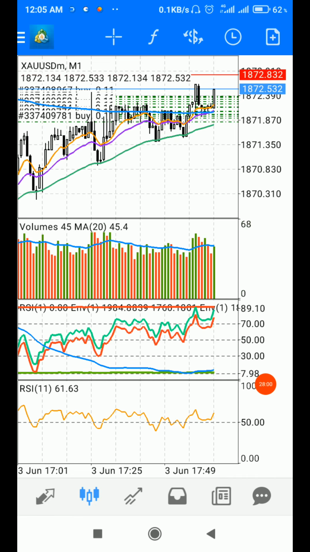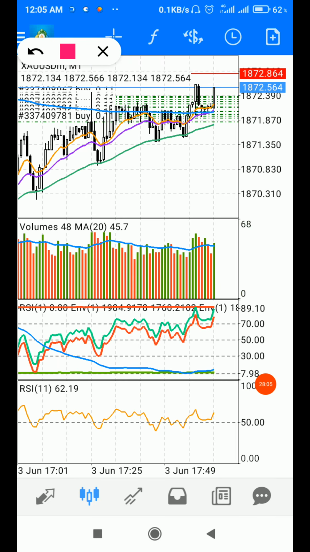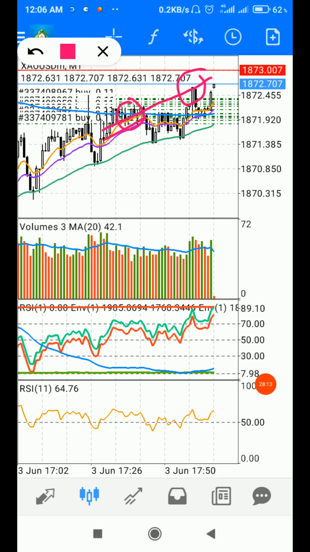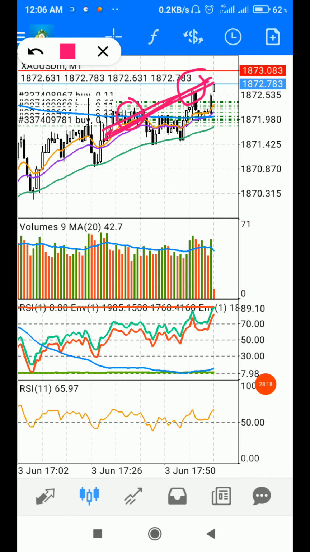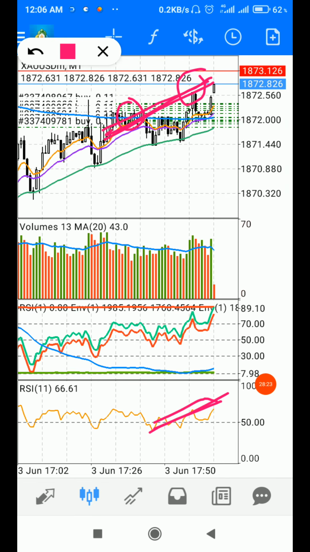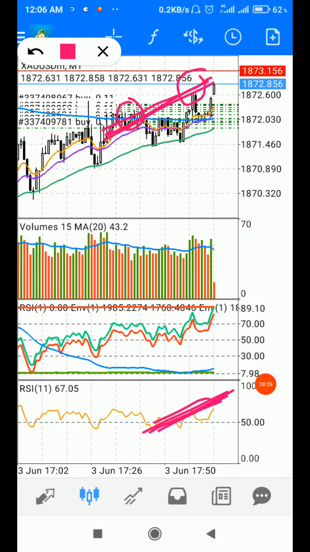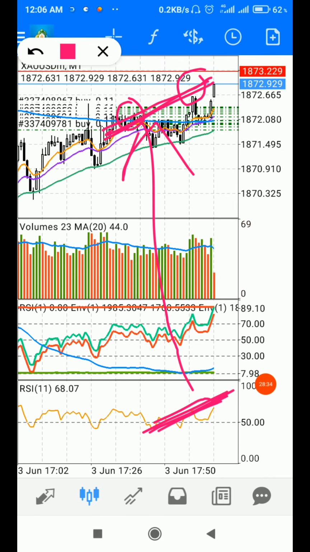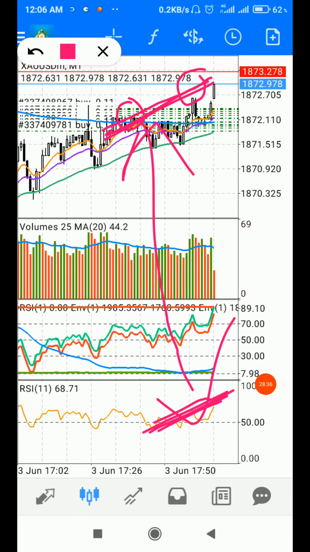And if we draw here to there, this position to this position, the slope is upward, and from the divergence point, this slope to this slope, same slope, I mean it is going upward, so no divergence happens between the price line and RSI line, so price will hit upward.